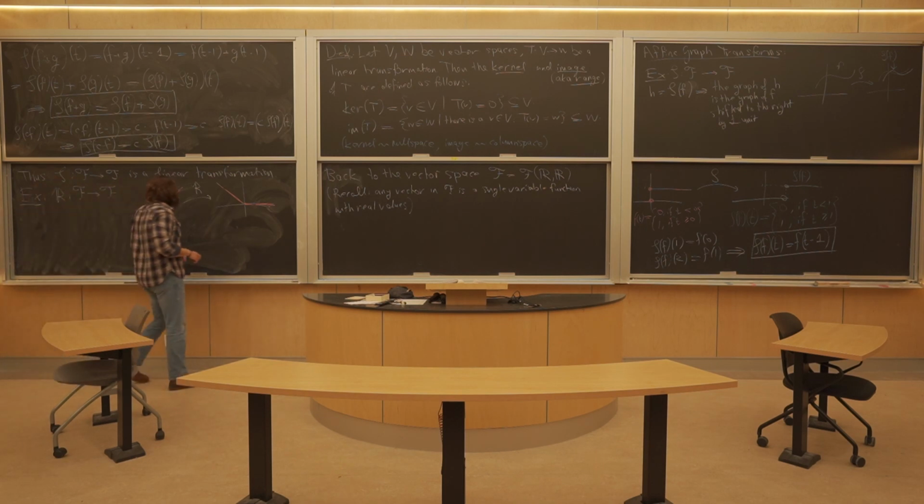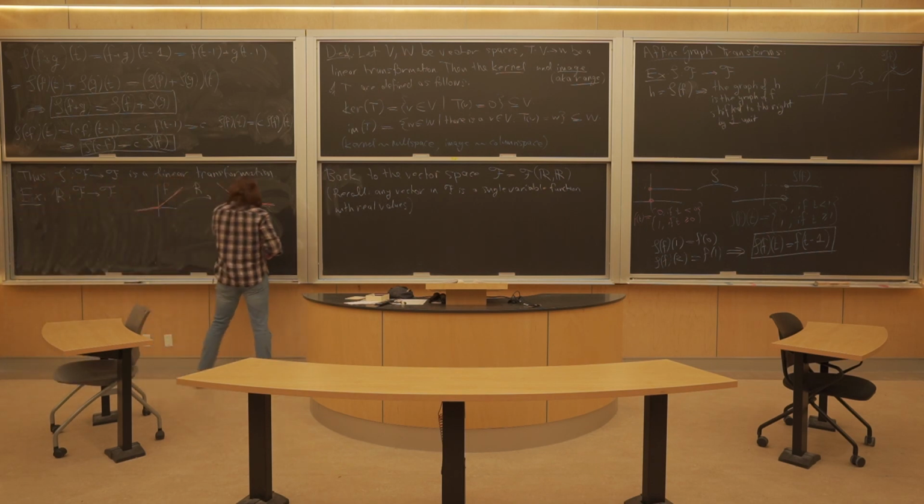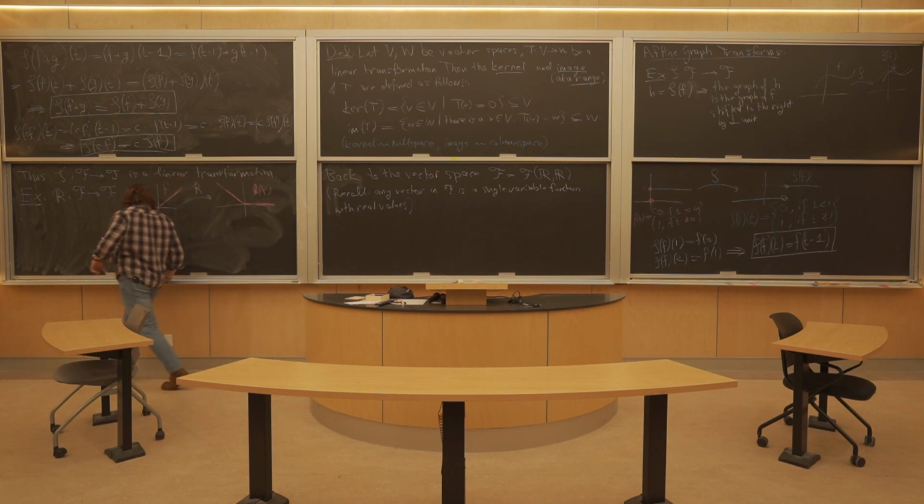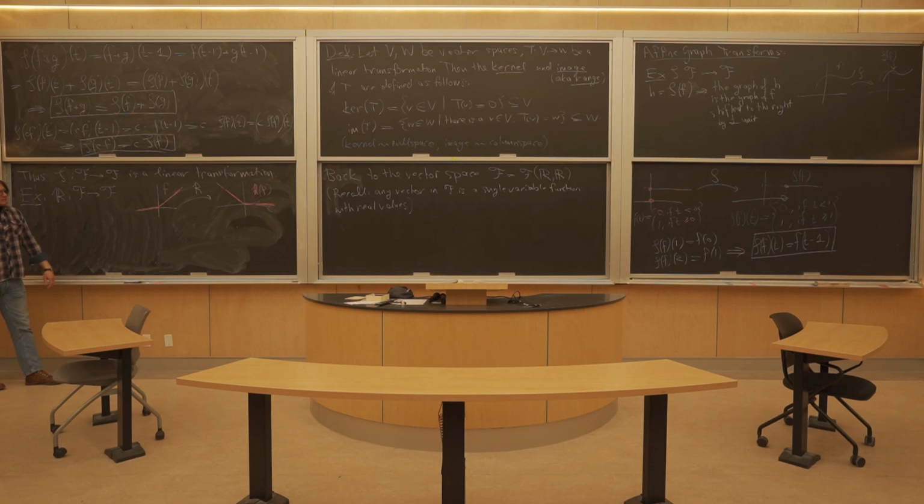So this is f, and this is R of f. Okay? So again, the claim is that this is a linear transformation from F to F.